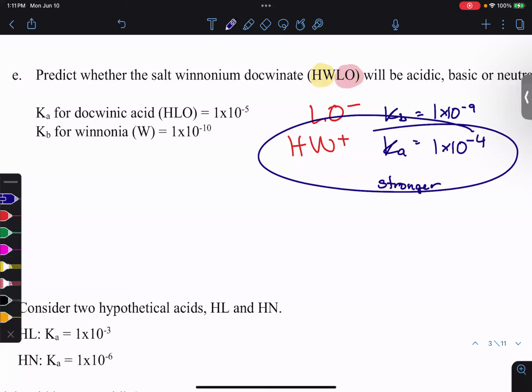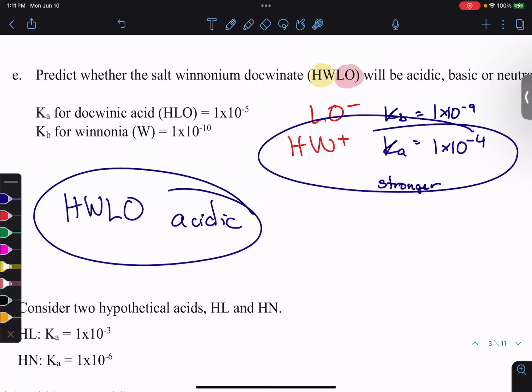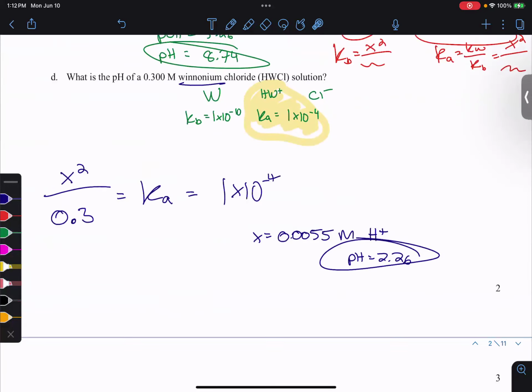So in this case, HWLO is going to be acidic because the acid part is a stronger acid than the base part. But remember, we are not comparing the acid and base directly. We're actually comparing the conjugates instead, right? So I could go back here.